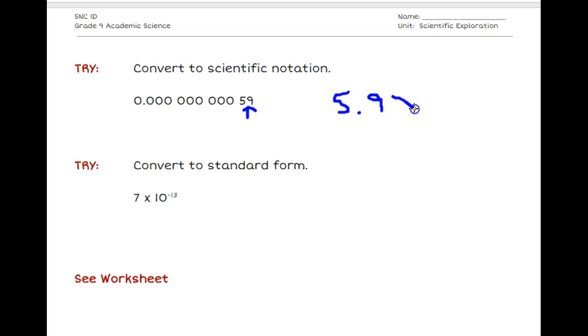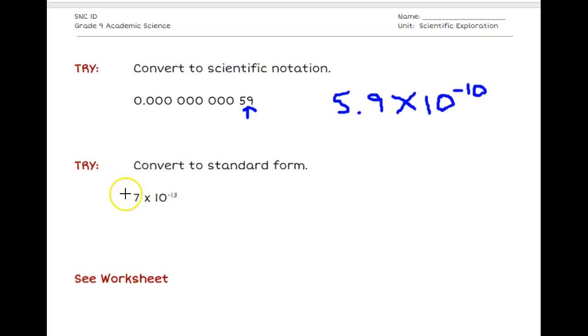Now I'm going to multiply it by a power of 10. That will get me back to that original really, really small number based on the number of decimal places. So 1, 2, 3, 4, 5, 6, 7, 8, 9, 10. So I moved it back 10 spaces. So that means my final value written in scientific notation is 5.9 times 10 to the negative 10.